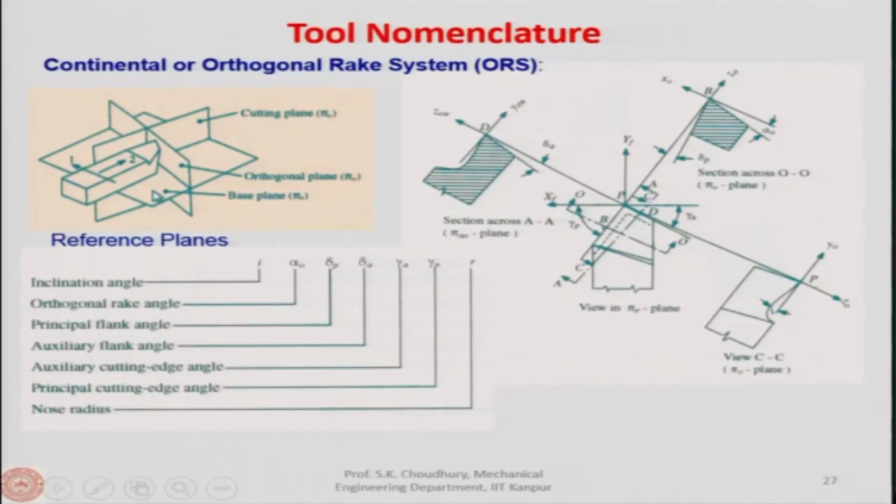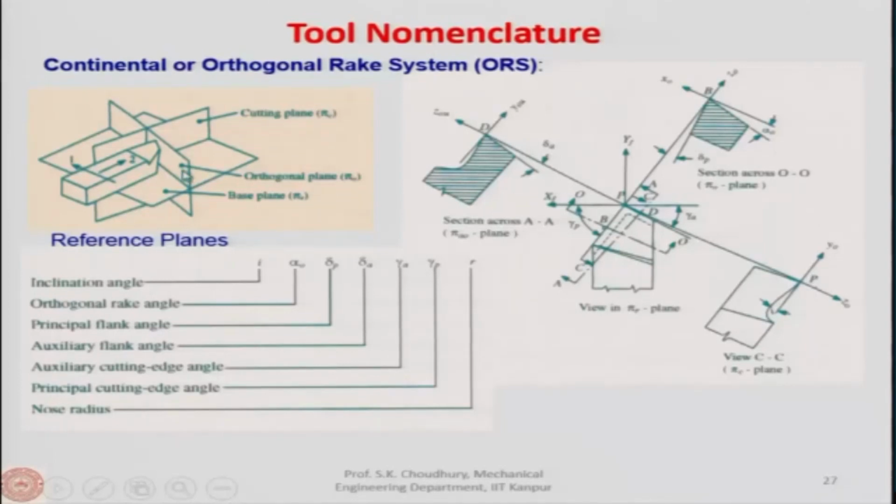With respect to the base plane, we have 2 more planes which are different from the coordinate system. One is the cutting plane, PC. The cutting plane is the plane which contains the cutting edge; the cutting edge is lying on the cutting plane.